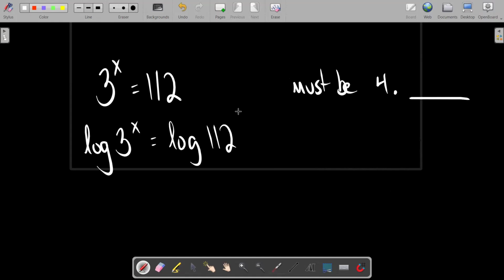You'll notice that I elected to not use a specific base, like I didn't say log base 3. What base am I using by default? 10. And the reason why is in most cases, 10 is going to work well because the calculators you all bring with you every day have a button that says log, and that button by definition uses a log with a base of 10. So that's why when we introduce a log, we want to use the base 10 log so it's easy to put into our calculators. We're going to be doing a lot of heavy calculator work today and probably Monday.